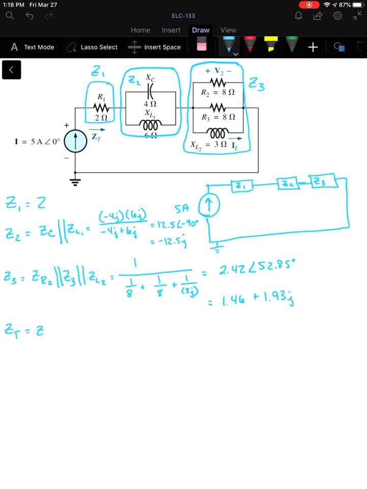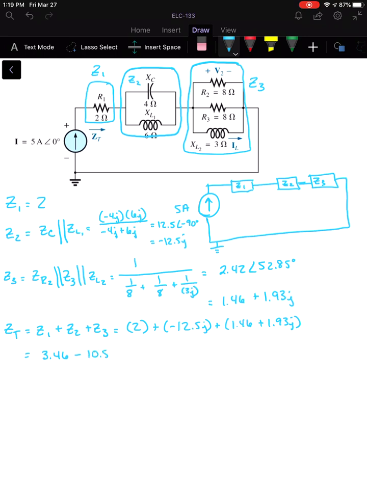Now, when we're looking for our total impedance, that's going to be our Z1 plus Z2 plus Z3. So you can add those in rectangular form. Z1 was 2. Z2 was minus 12.5J. And Z3 was 1.46 plus 1.93 times J. So the total there should be about 3.46.